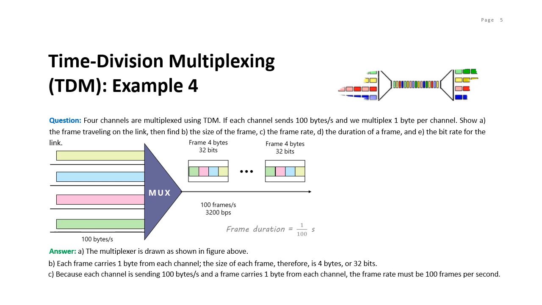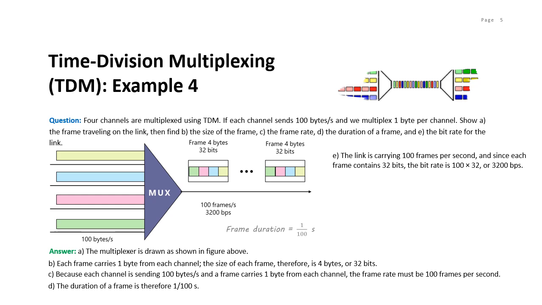For C, the frame rate must be 100 frames per second because each channel is sending 100 bytes per second and a frame carries 1 byte from each channel. For D, the duration of a frame is the inverse of the frame rate, so it will be 1 over 100 or 0.01 second.